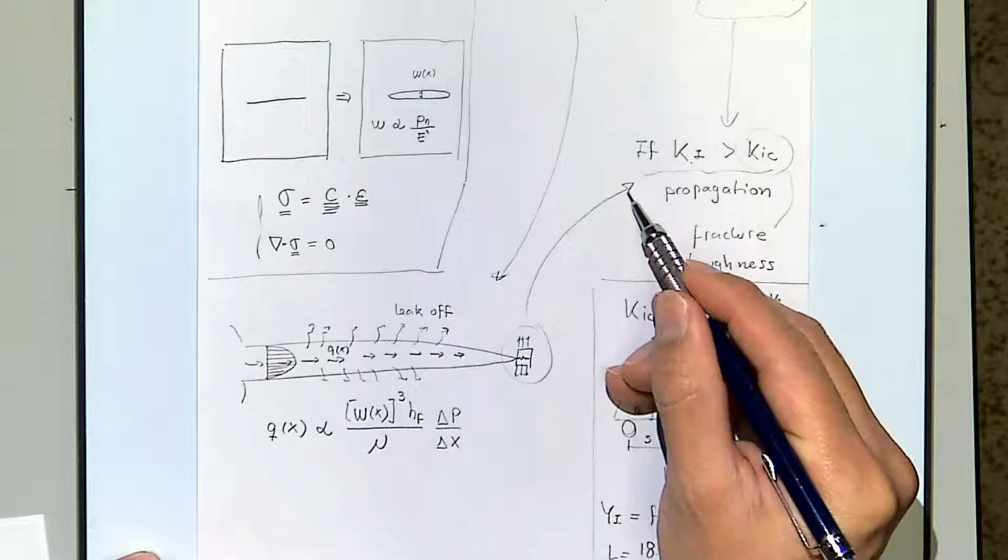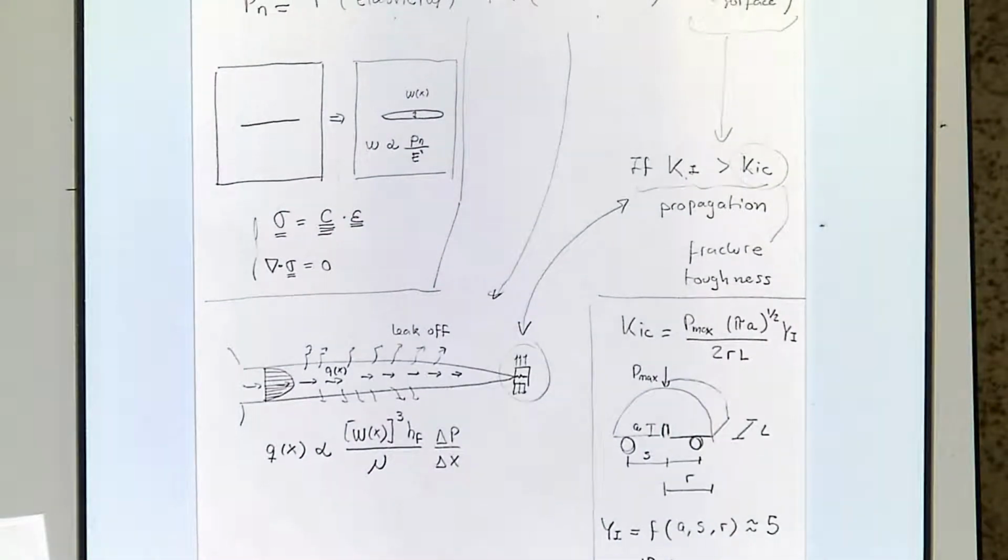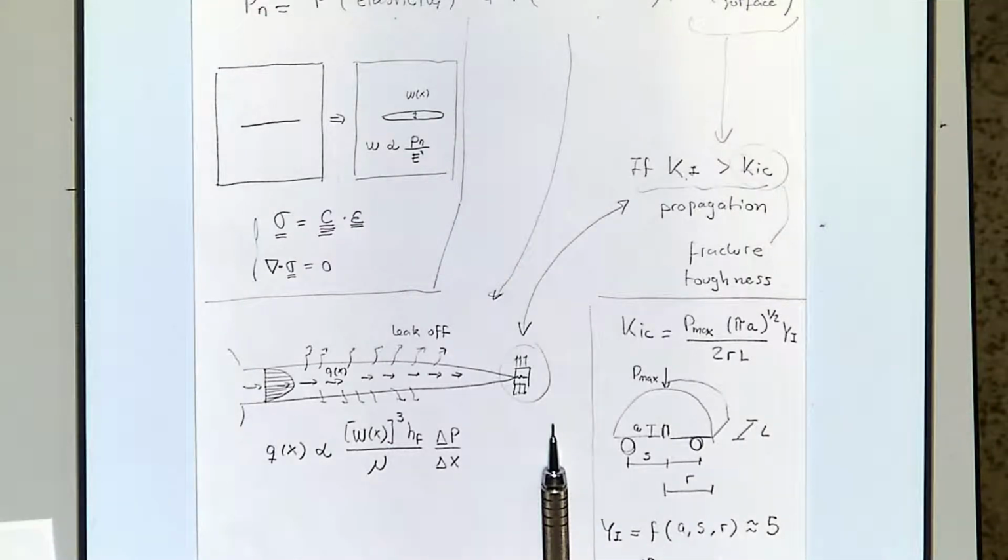If the stress intensity is higher than the fracture toughness, it will propagate. If it's not higher than that, it won't propagate. All right, so I think now we have all the elements that we need in order to solve this hydraulic fracture propagation model.